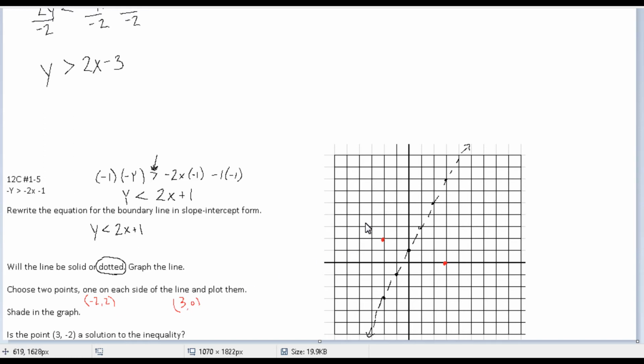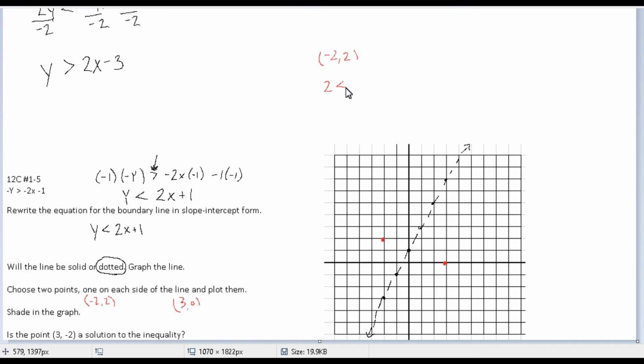Now we have to plug them into our inequality and see which side is true. So if we plug in this first one, I'm going to do it way up here on the top. I'm going to plug in -2, 2. So my y is 2.